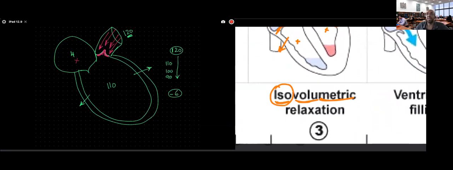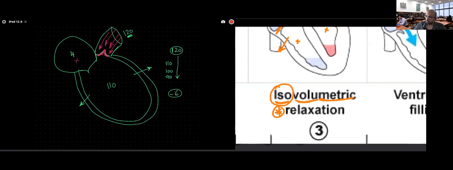We call this the isovolumetric, but this time it's a relaxation phase. So isovolumetric relaxation phase. I have constant volume of the ventricles during relaxation. The volume of the ventricle is not changing because simply there is no blood moving in.